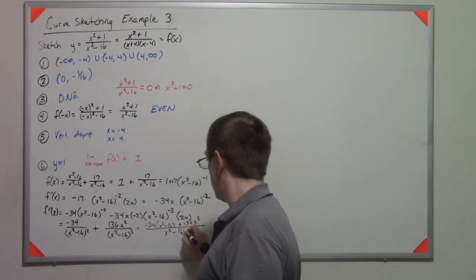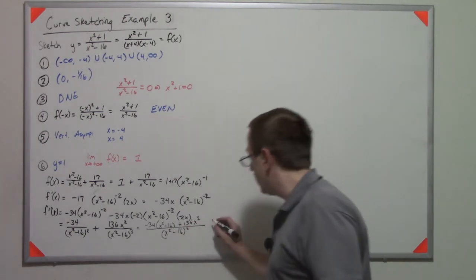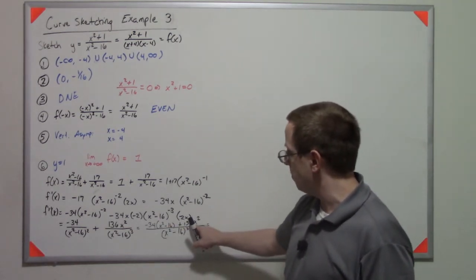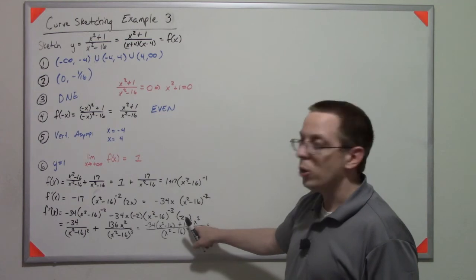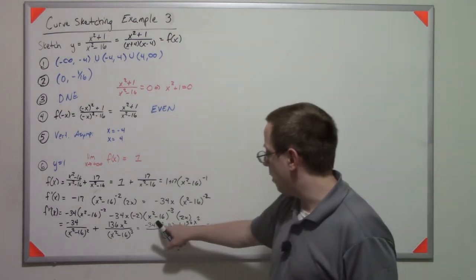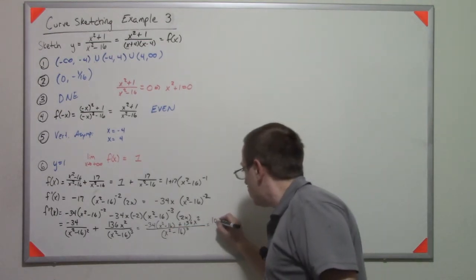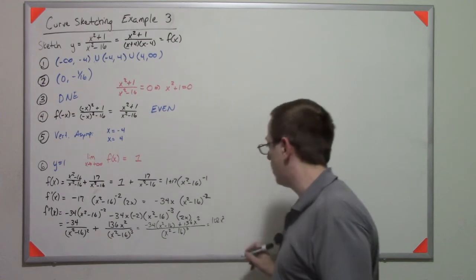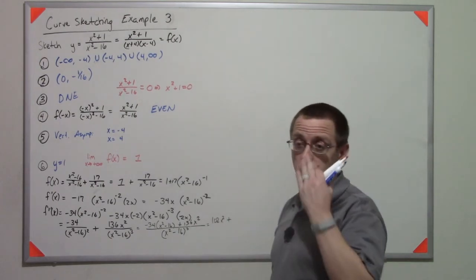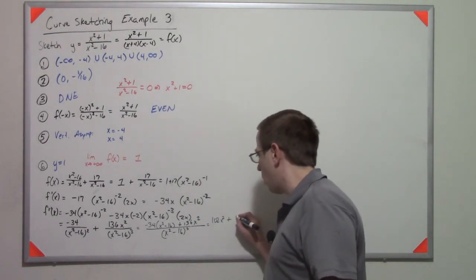Over (x squared minus 16) cubed, which we then, you'll get some cancellation here with those x squared, so that'll be 102x squared, and then you'll have 102x squared plus 34 times 16, so that's 480 plus 64, which is like 544.